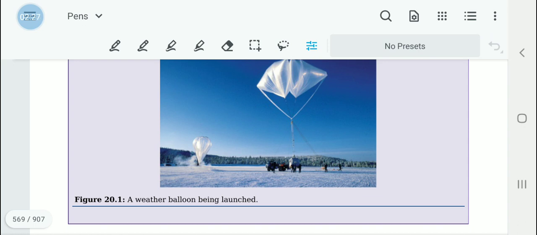That is the principle that is being used here in these balloons. We call them hot air balloons. In this particular situation, in these weather balloons, you have a lighter gas in it, a gas lighter than air. So when it is lighter than air, they will be pushed upwards. They will rise because the atmospheric pressure keeps it rising.